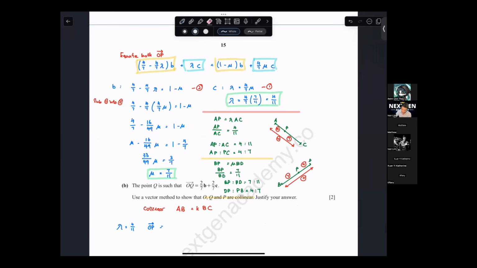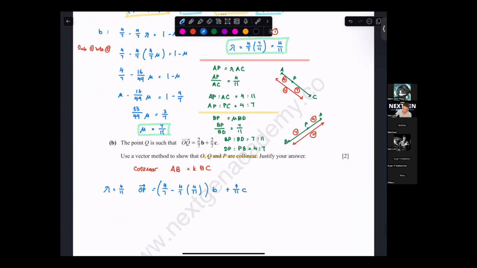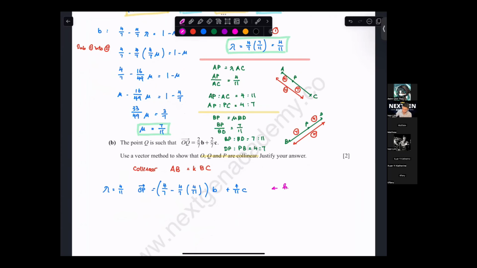Let's write into the equation that we did just now. This one: 4 over 7 minus 4 over 7 times 4 over 11, B plus 4 over 11 C. This is the first OP expression.